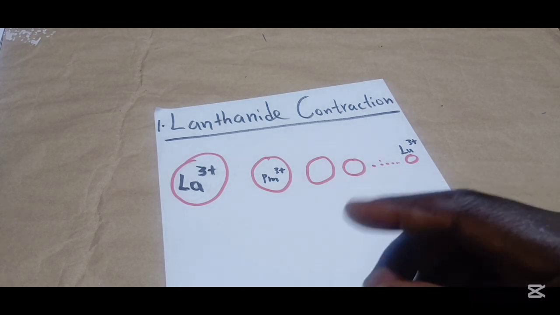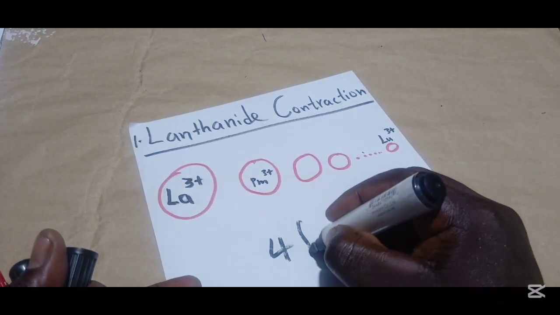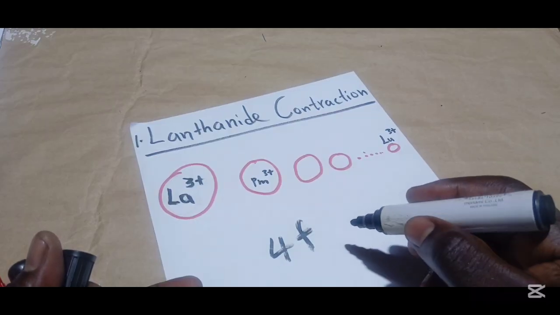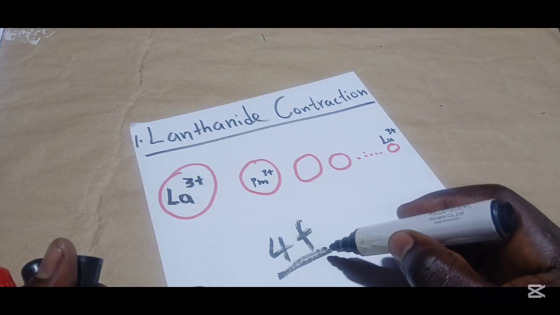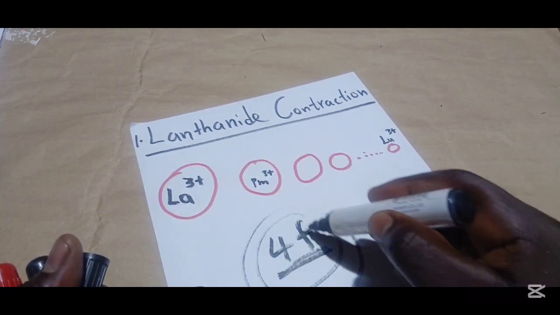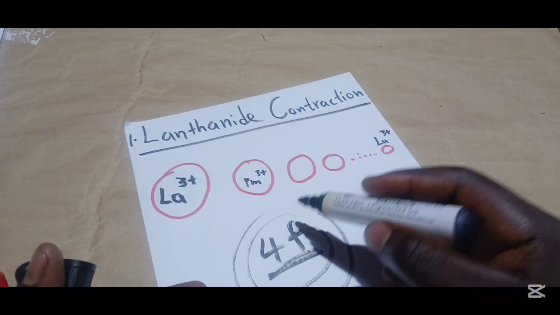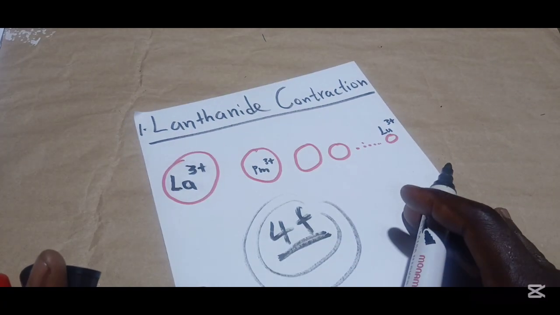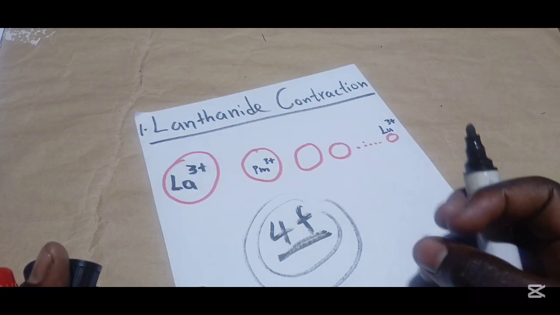So for the lanthanides, the added electrons are being added into the 4f orbital. Because we are not getting more shells apart from the 4f orbital, and we know that as the atomic number increases, the number of protons in the nucleus increases, therefore increasing the effective nuclear charge.